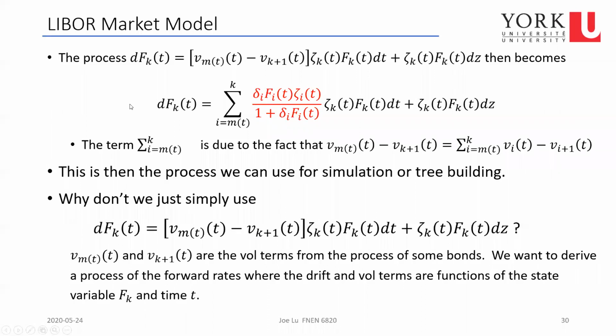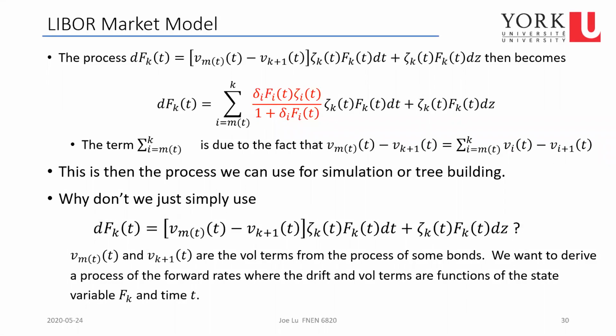As soon as you simulate this process, for a future time point you can convert the simulated future curve of forward rates, the simulated term structure of forward rates, into a simulated term structure of interest rates, just like what we talked about for HJM.